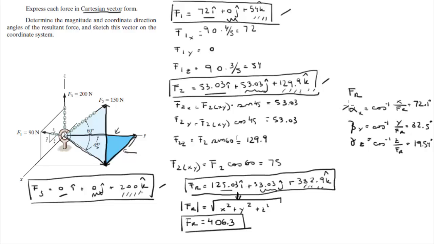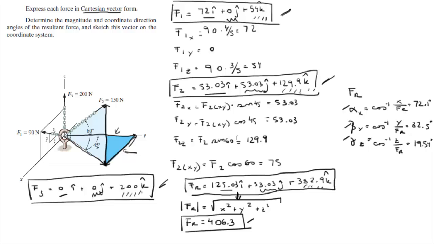So final answer. This is the magnitude, and these three are the Cartesian representations of the vector. Now, it's kind of complicated to sketch it on this small little drawing, but let me attempt.